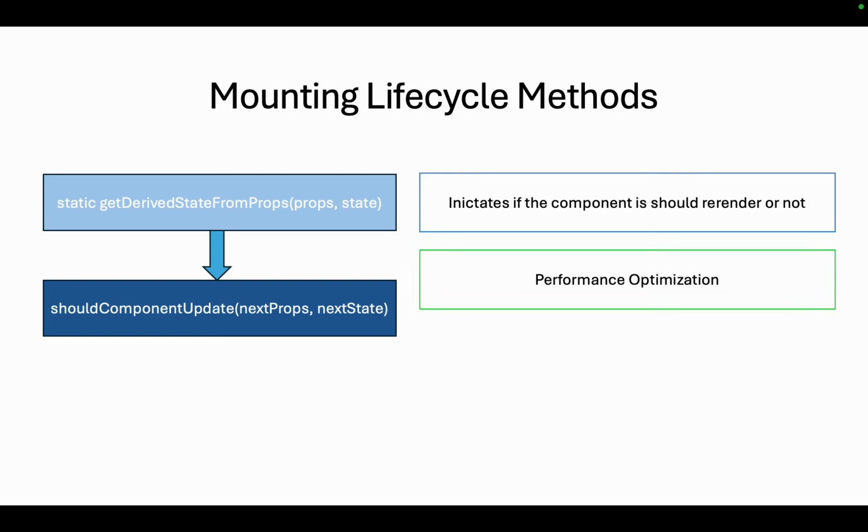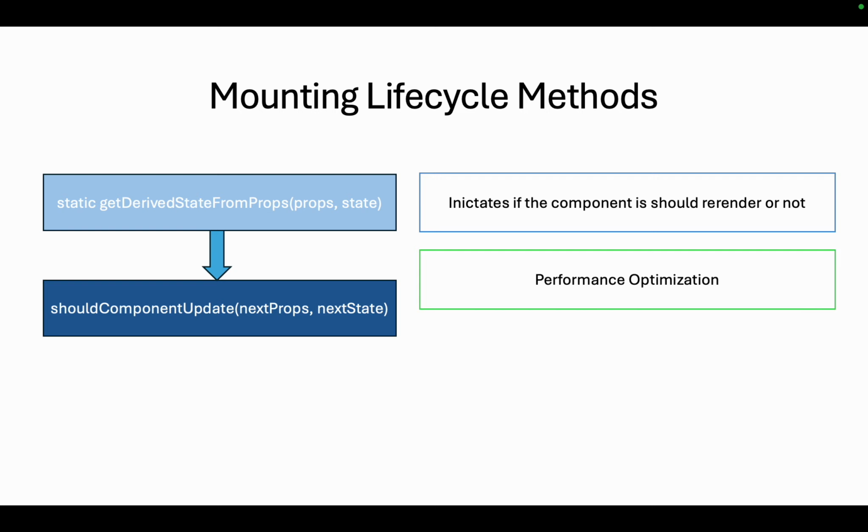It's normally used for performance optimization. In this method you return either true or false to indicate to React whether the component is going to be re-rendered.